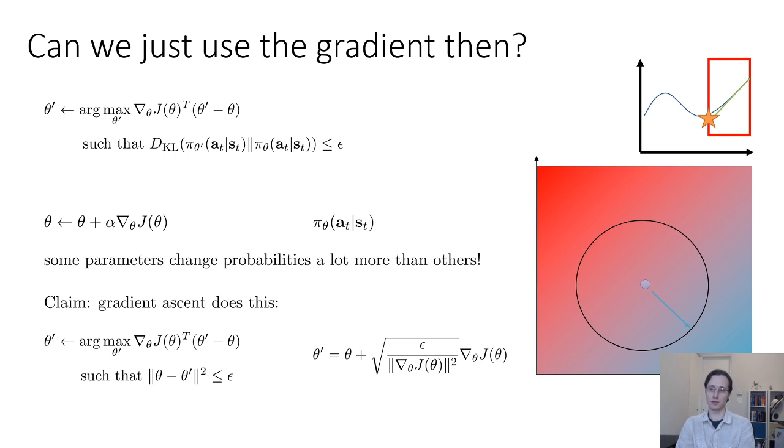And the way that you prove this is you take that equation for theta prime, substitute that into the constraint, the thetas will cancel, and you'll be left with the square root of epsilon divided by grad J squared, and then that whole thing squared, so then the square root goes away, and you're left with grad J squared at the top, grad J squared at the bottom, those cancel out, and you're just left with epsilon, and epsilon is less than or equal to epsilon.